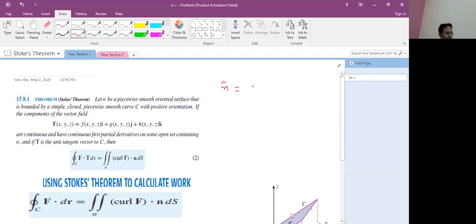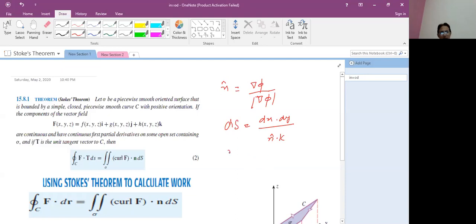n cap is equal to del phi over the magnitude of del phi. And what is dS? dS is equal to dx dy divided by n cap dot k.